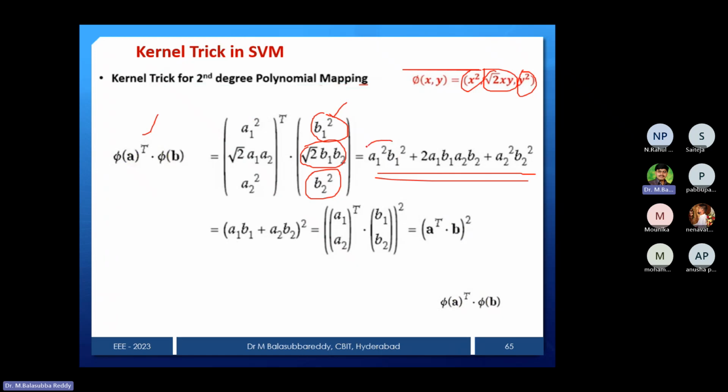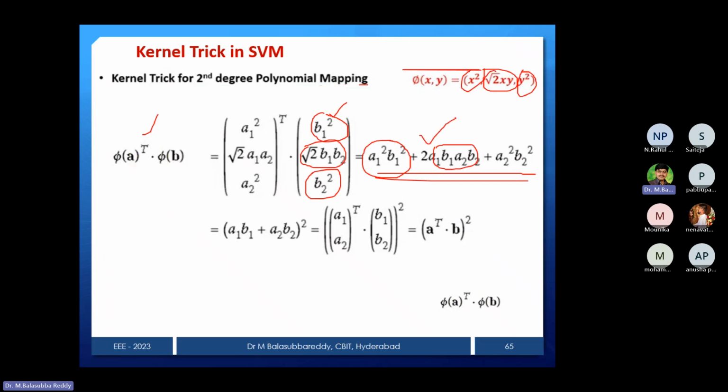What is this expression? Let us consider x and y: x square plus 2xy plus y square.